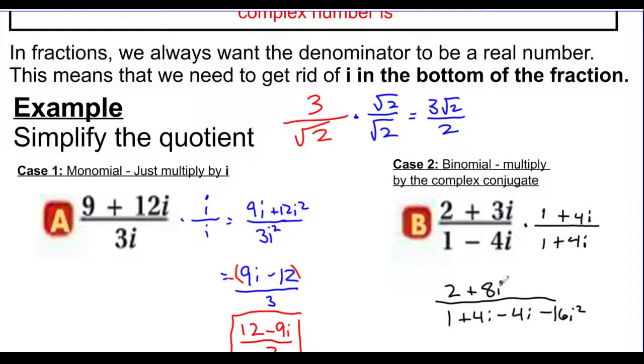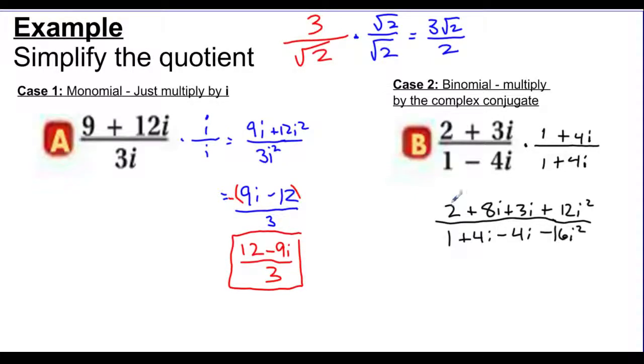Now I'm going to take the 3i and multiply it in. 3i plus, and again that's 3i times 4i, that's 12i squared. Okay, and so now I need to just simplify these expressions. So the top, it looks like 11i. Okay, 2 plus 11i. And then remember, i squared is -1, so this really says minus 12. 12 times -1, minus 12.